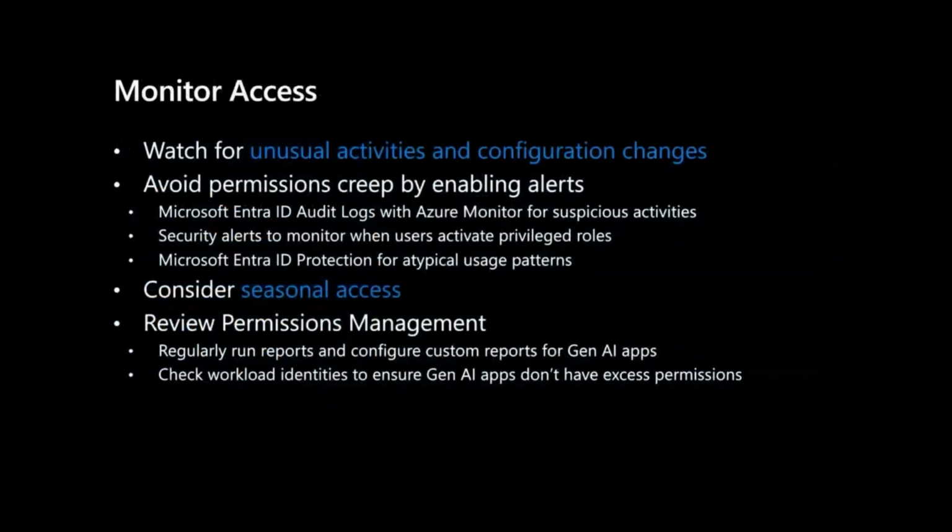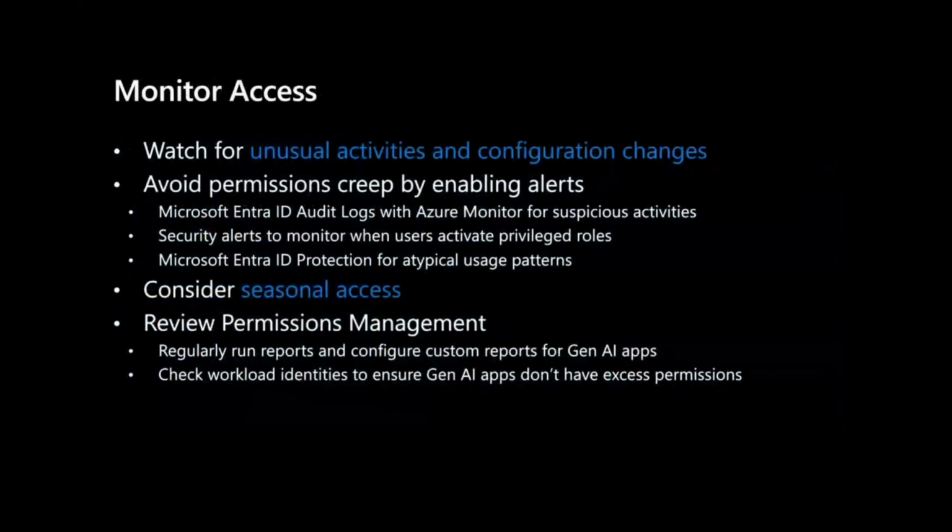Also, calling back to what Diana mentioned in the very beginning about unintentional insider risk or some unintentional malicious AI discovery, we may need to think about those permissions creep that we're seeing. So enable your audit logs and Azure Monitor to be able to flag for suspicious activities. Also, you can set up monitoring for users when they activate privileged roles to see if this is normal for them to be doing, abnormal for them to be doing.